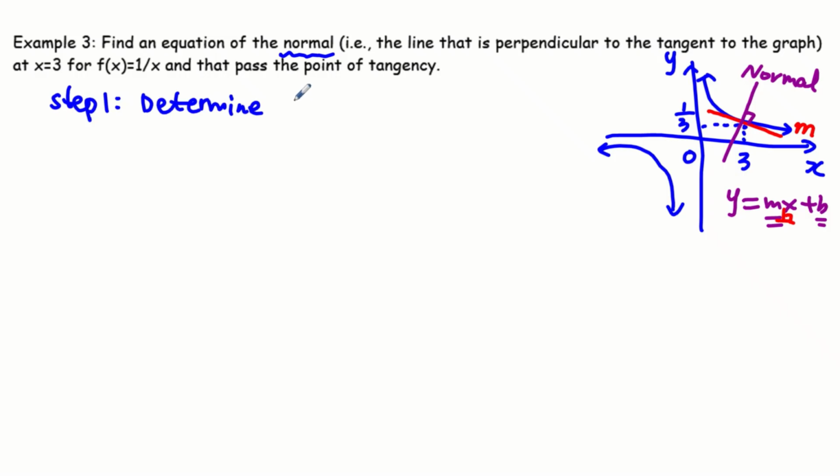If we write it as a derivative of function f(x), it will be determine f prime at 3. This is equivalent to the slope of tangent at x equals 3.